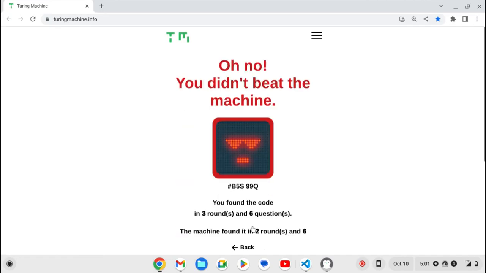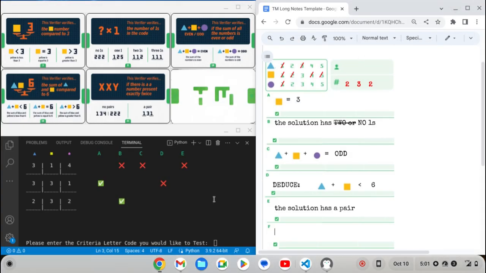So let's see. Yeah, unfortunately, even though we did do exactly 6 questions, the fact that I did it in 3 rounds means that the Turing machine did it more efficiently. It did it in 2 rounds. And to be honest, it was a bad second proposal.